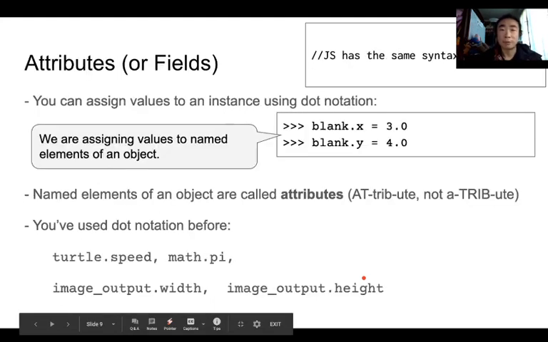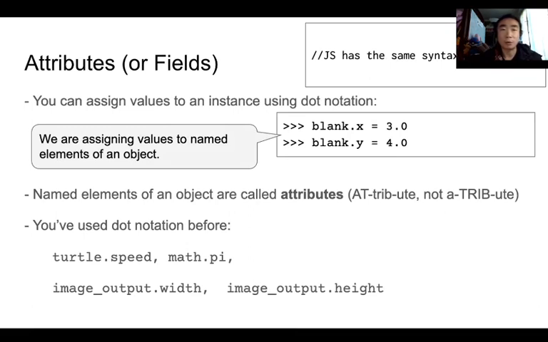So, attributes or fields. I think attributes, this word is more common. Sometimes you'll see these things referred to as fields. And what are they? They're values assigned to certain objects or certain instances of objects. And we can associate them with an object using dot notation. Like here.